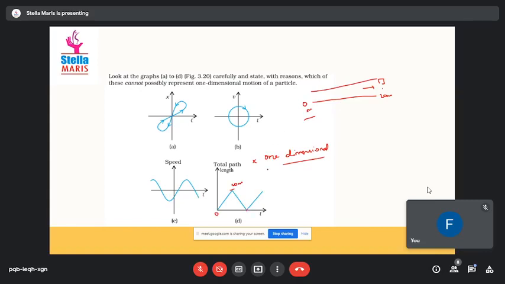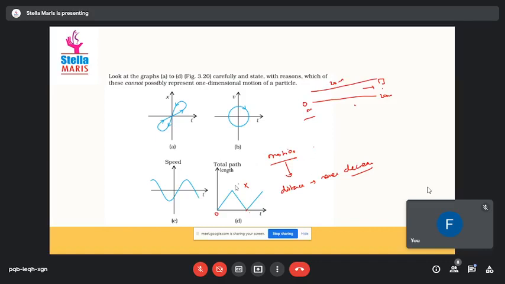This 20 meter should be added to this 20 meter, right? But here it shows the distance decreases, from 20 meter to 15, 10, 0. So distance can never decrease when a body is in motion. So D is not a one-dimensional motion.